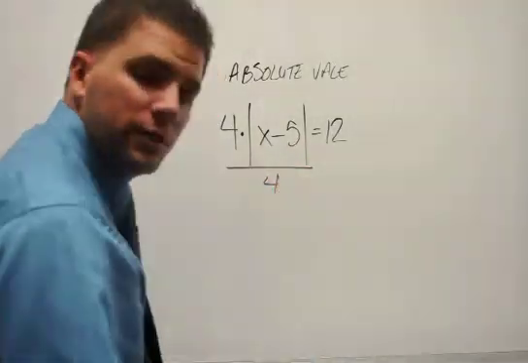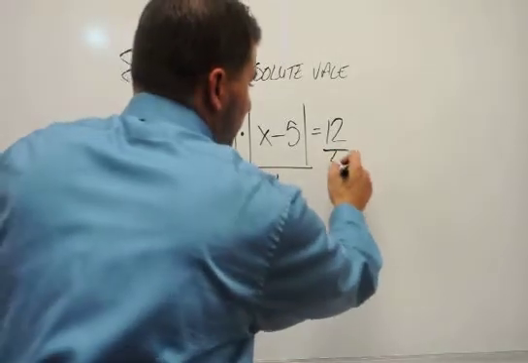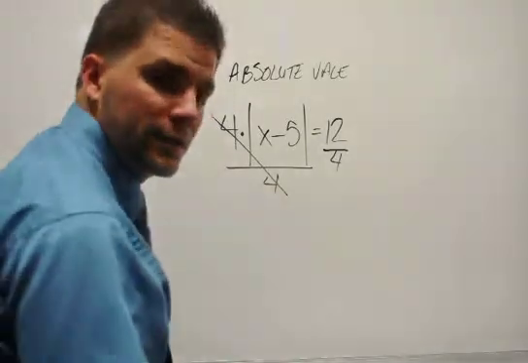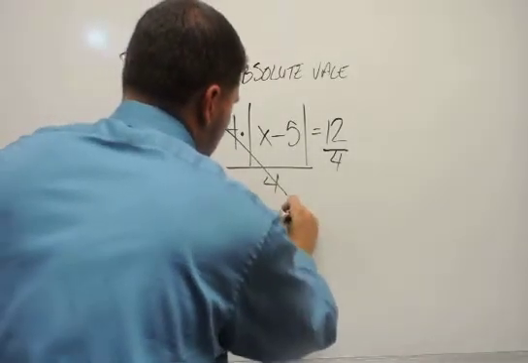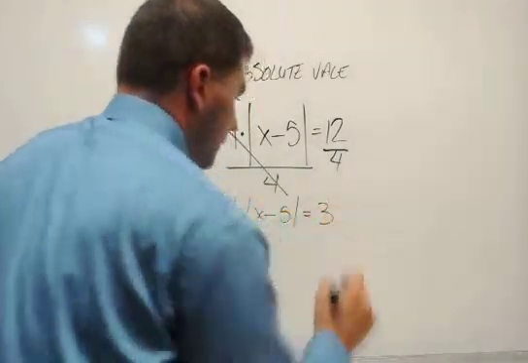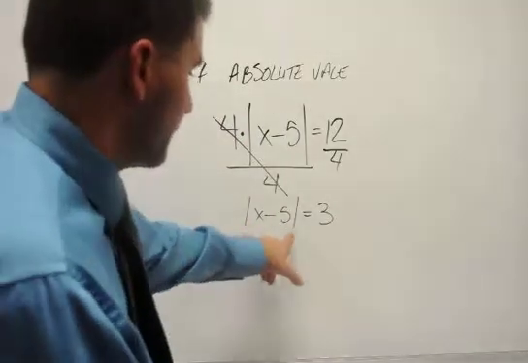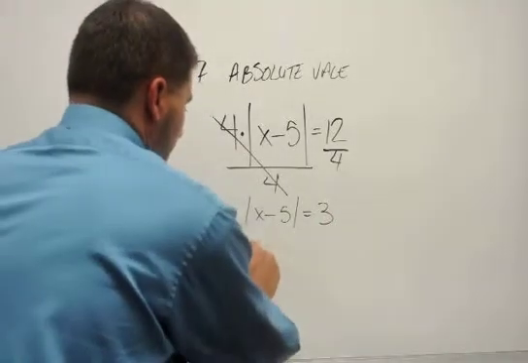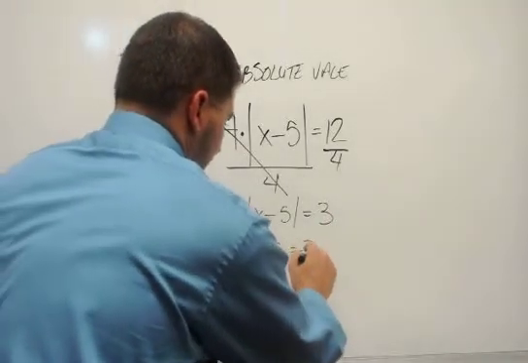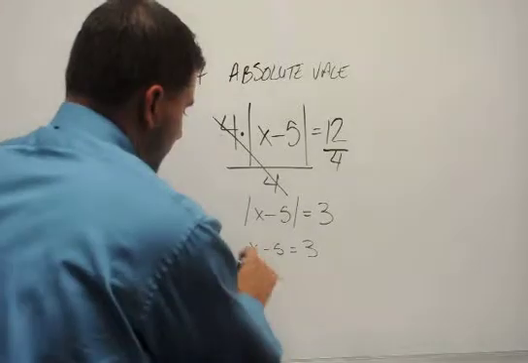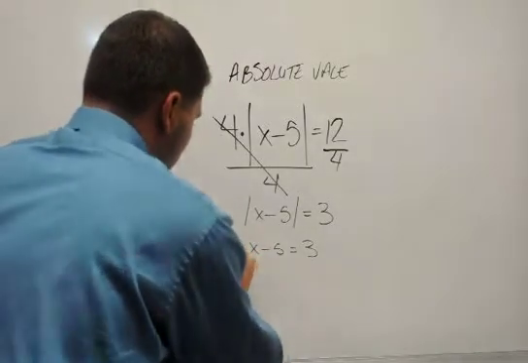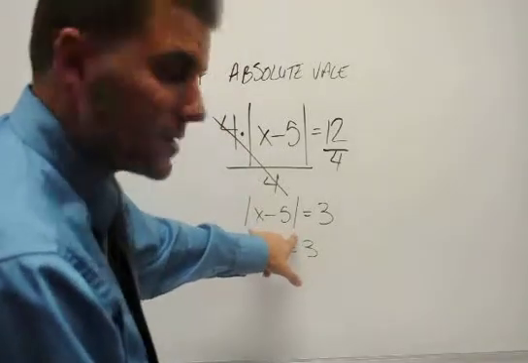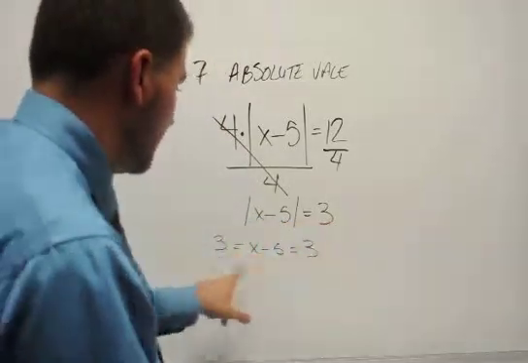Inverse of multiplication is division, so I'll divide 4 on both sides of my equation. 4's cancel. 12 divided by 4 is 3. Now from here I've got an absolute value of x minus 5 equals 3. Set it up as positive 3 on the right, negative 3 on the left. Notice I need to get this absolute value by itself before I set up my two cases.